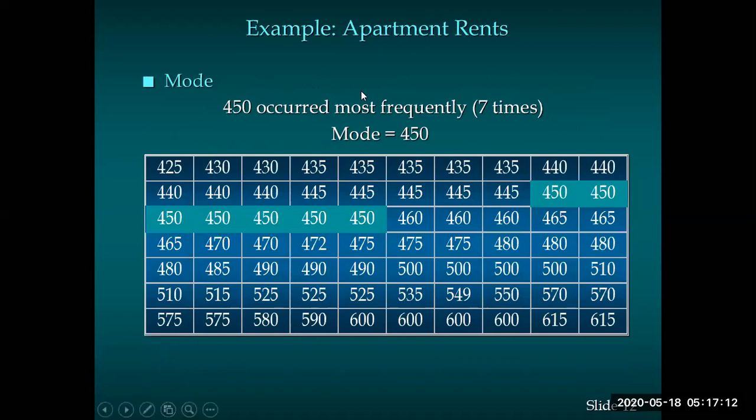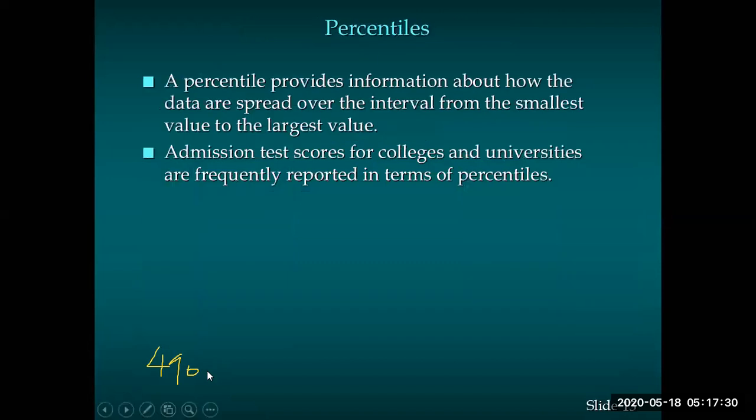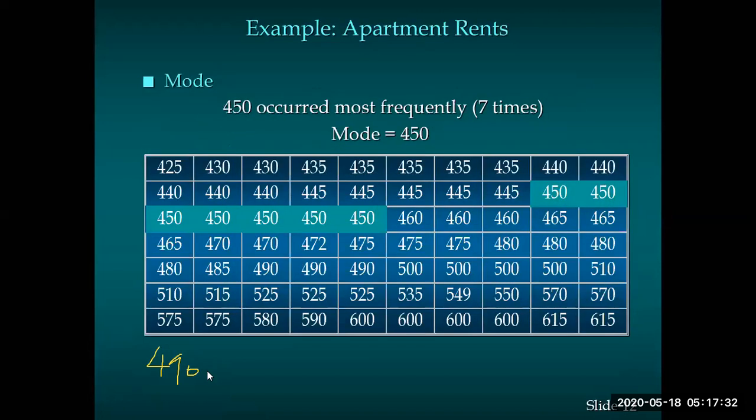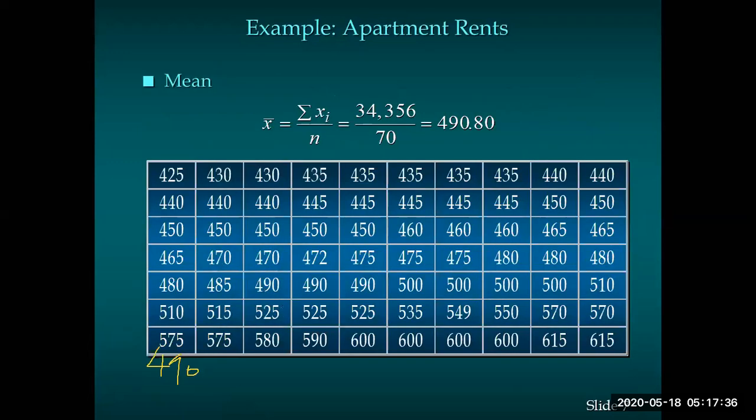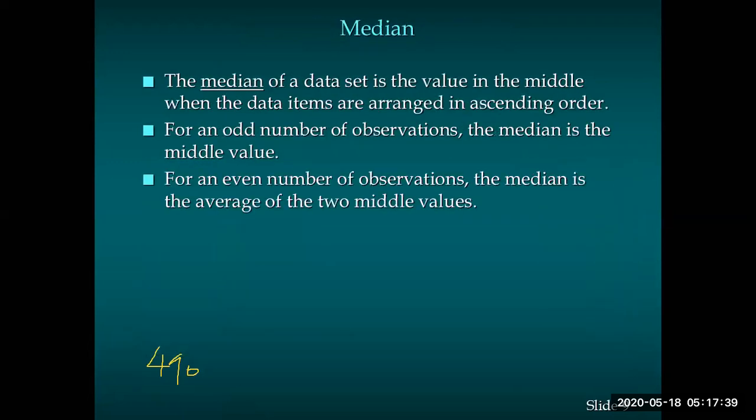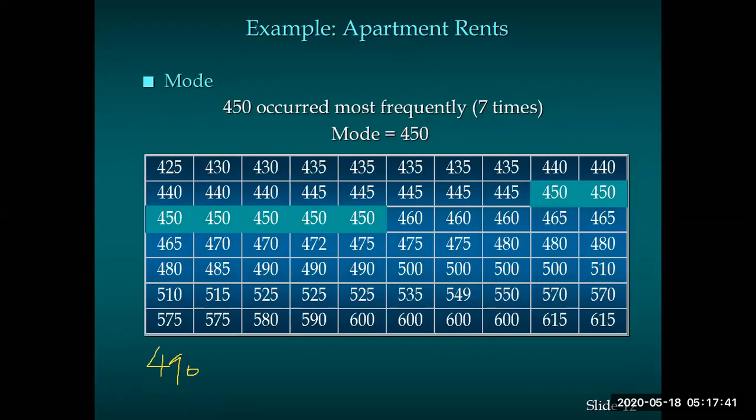So let me just write these three numbers for you, and let me ask you a question. One average is 490.8. I don't remember, let's go back. Yes, 490.8, sorry.